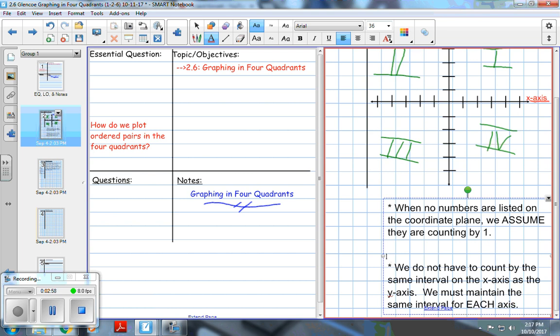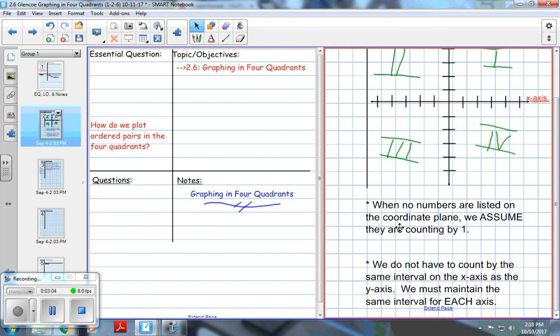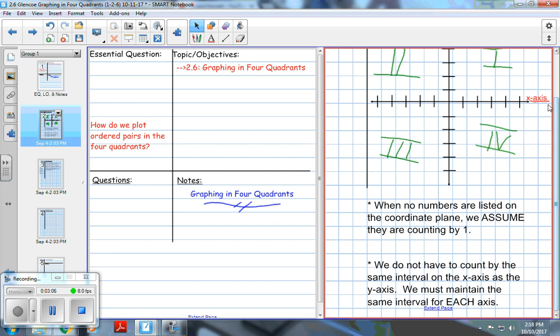So although we do not have to count by the same number on the x-axis as the y-axis, if we count by 1s on the x, you have to stay counting by 1s on the x. If you count by 5s on the y, you have to stay counting by 5s on the y. So these are some important things for us to remember as we learn about our coordinate plane.